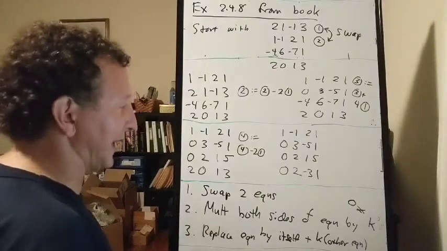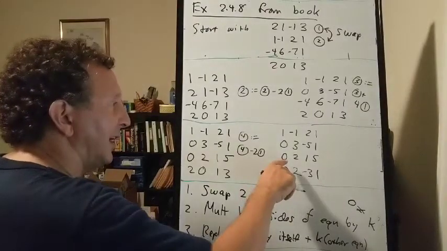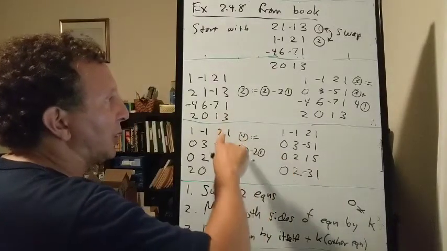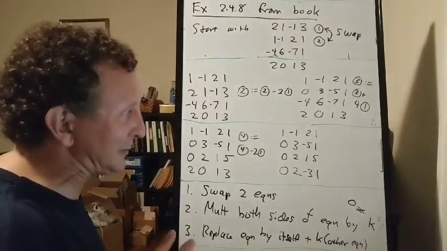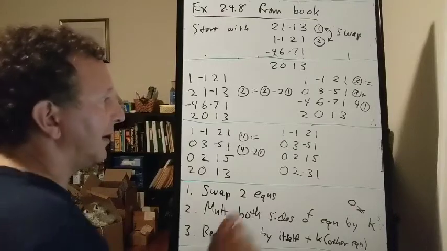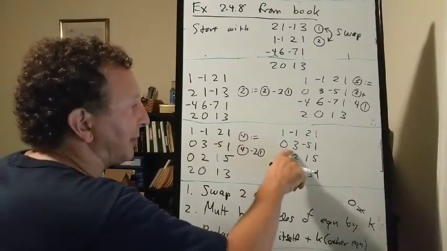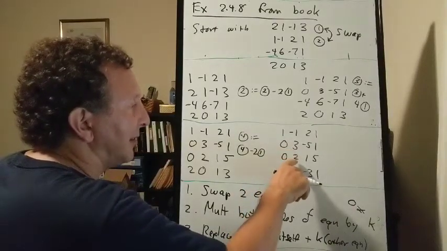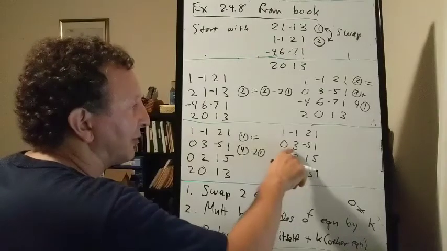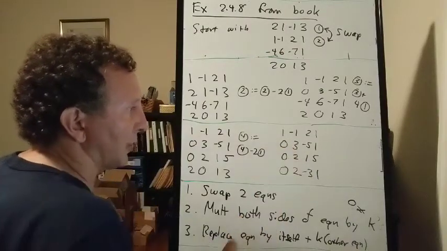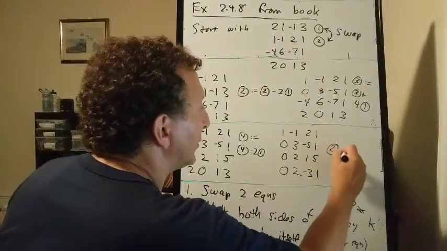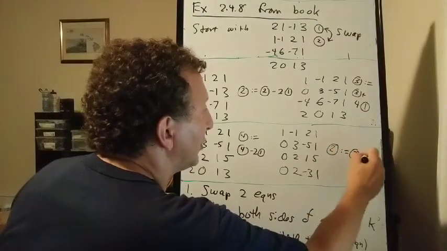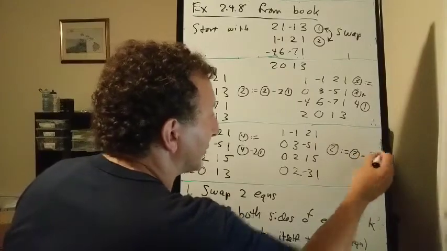If we do that, we get fractions. And when we're doing these row operations, I think it's best to avoid fractions whenever possible. So instead of dividing by 3, I'm going to subtract the third row from the second, because 3 minus 2 is 1. So row 2 becomes row 2 minus row 3 is what I'm going to do.